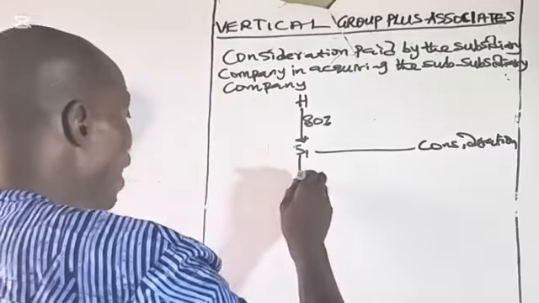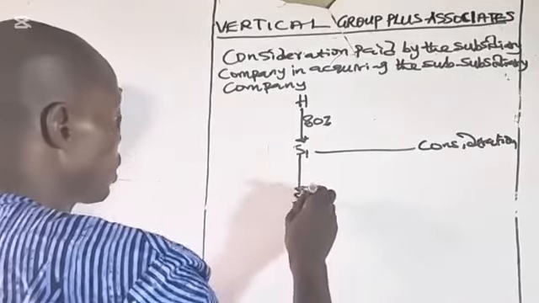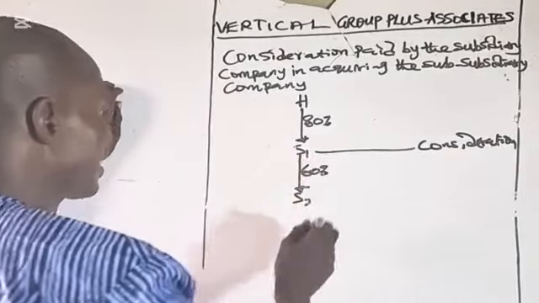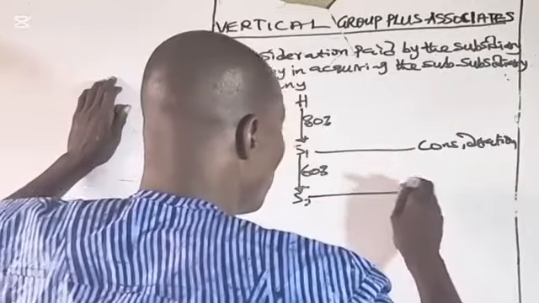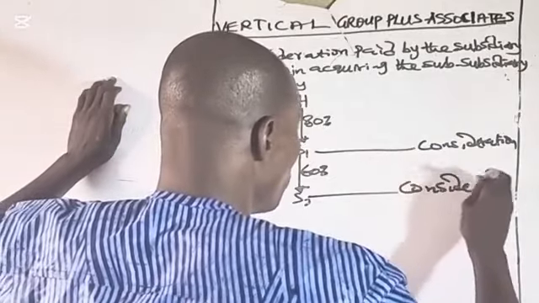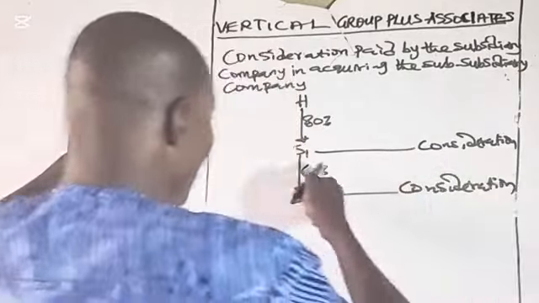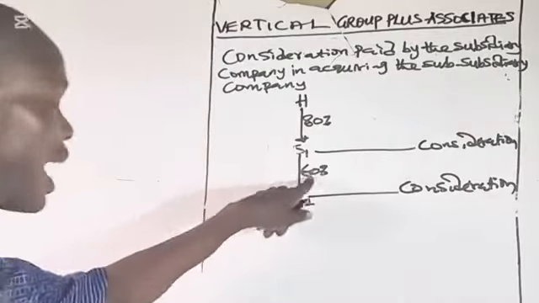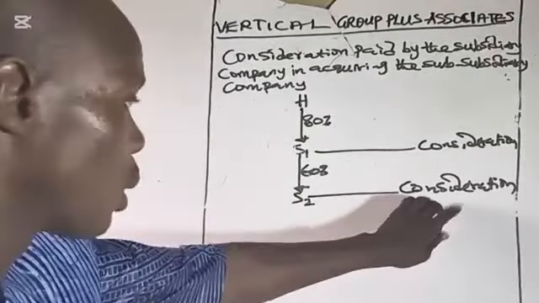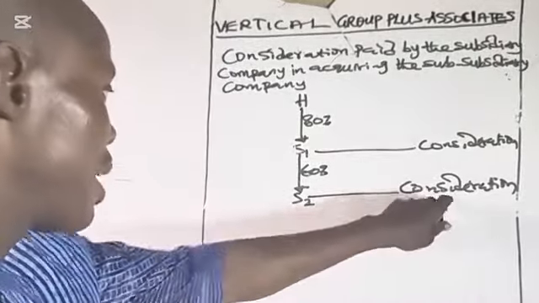Then when S1 acquired 60% of S2, another consideration was paid by who? By S1. S1 paid certain amounts to the shareholders of S2 in acquiring the 60%. That is the consideration we are particular about this time around.